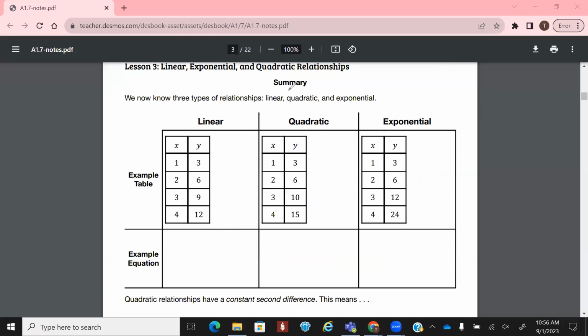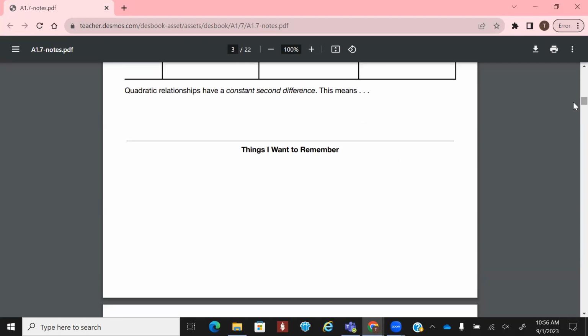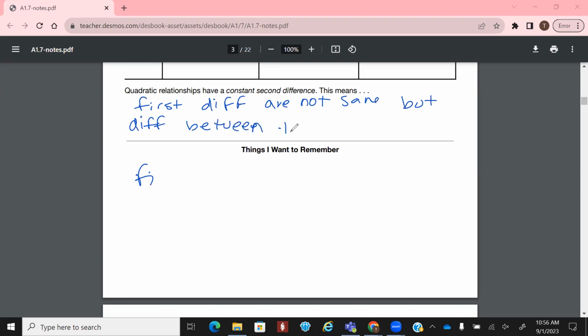Okay, so coming down here. So that's going to mean that the first differences up here are not the same, but the differences between those values are the same.